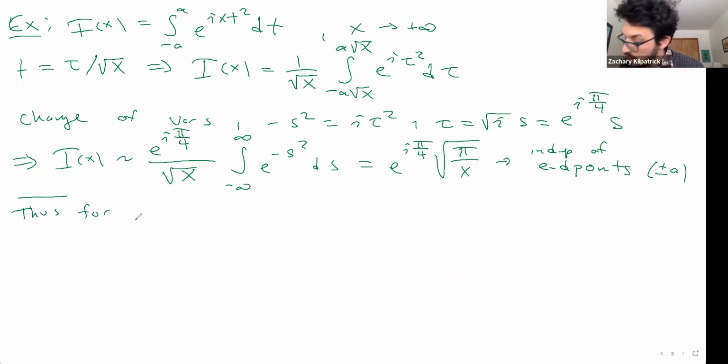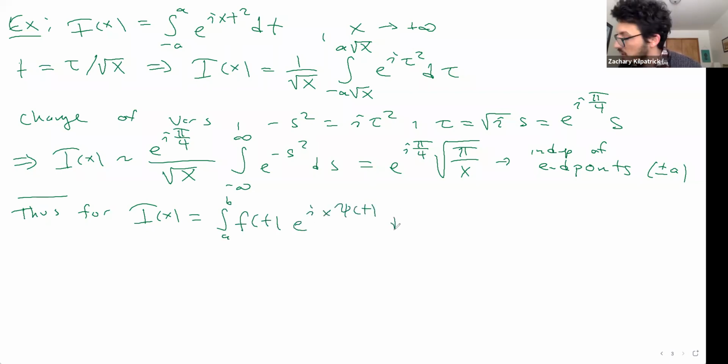So now we're sort of armed with a way of handling a more general case, which is back to our regular Fourier integral, e to the i x psi of t dt, where psi just means it has real outputs. Now let's talk about a few cases that could arise here.